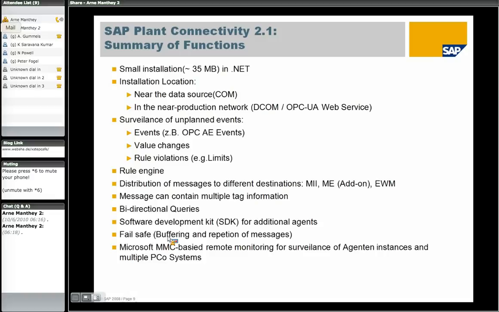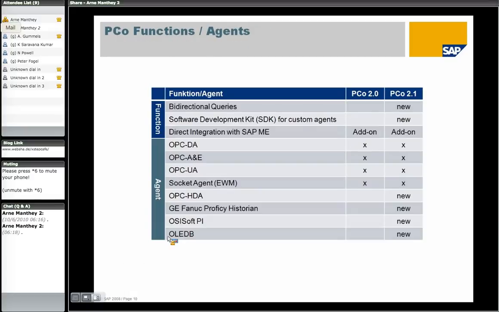And you can also manage all your different Pico installations in one MMC-based remote monitoring console from Microsoft to monitor all these different Pico systems. So that's an overview of all our agents and functions.